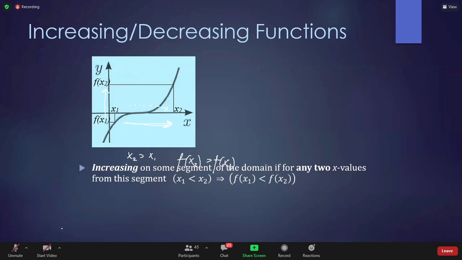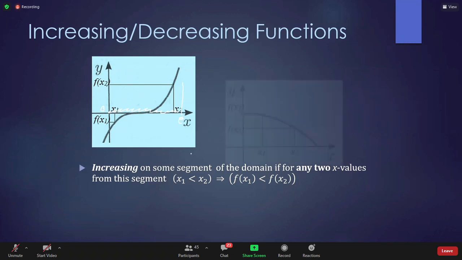If for any two x values from this segment, for example, we could consider the segment from 0 to, let's say, this point, whatever that is, C, from 0 to C, the function is increasing on this segment, because no matter which two x values we take from this segment, the greater x value has the greater function value.